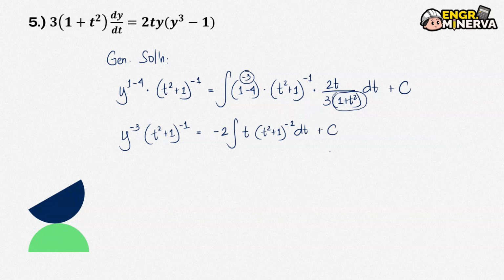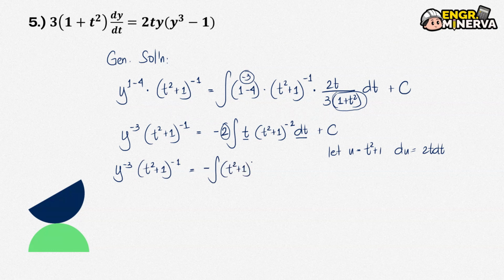So again, if we let u be t squared plus 1 and your du is 2t dt, you need this 2, no? So that we can have our derivative of u with t dt. So that is just the power rule. So negative t squared plus 1 raised to negative 2. Okay, I'll put your 2t dt here.